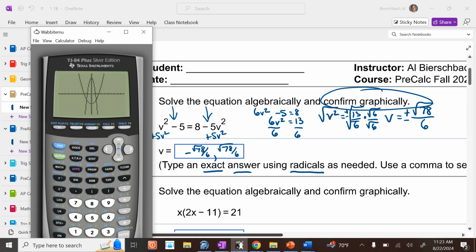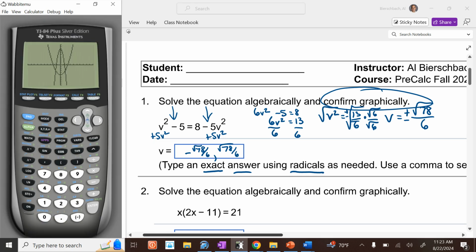How do we find an intersection on a graphing calculator? How do we find where these two graphs intersect? Because the graphing calculator will help us find that. The intersection point is second trace.